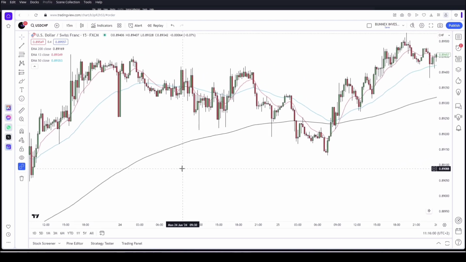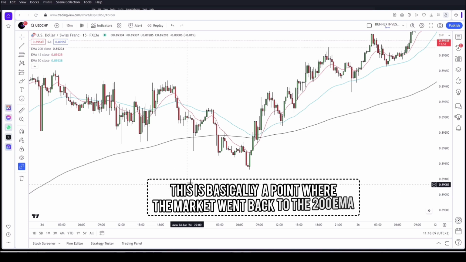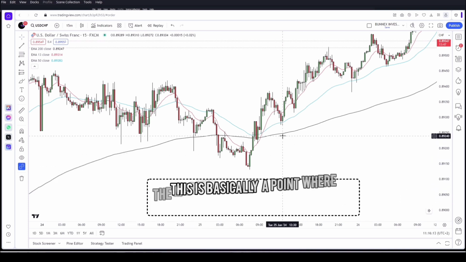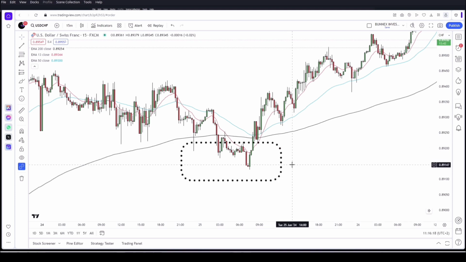So after doing this, the first initial point that we need to do is to locate a starting point for the market makers. This is basically a point whereby the market went to the 200 EMA, which is the one in black. That is a point of market reset.